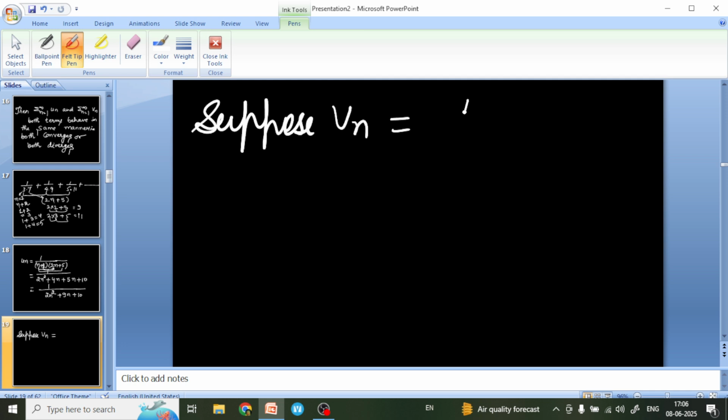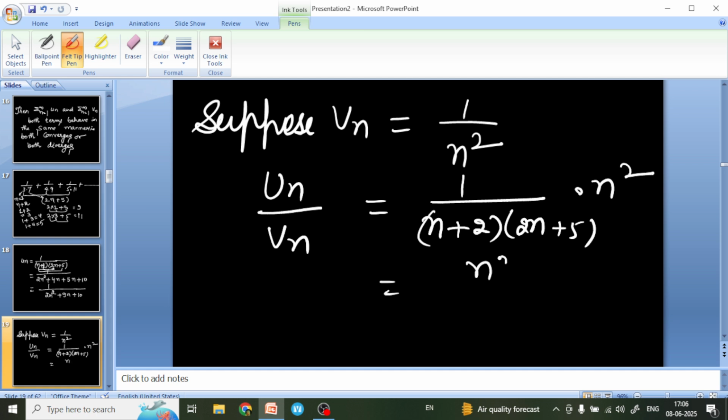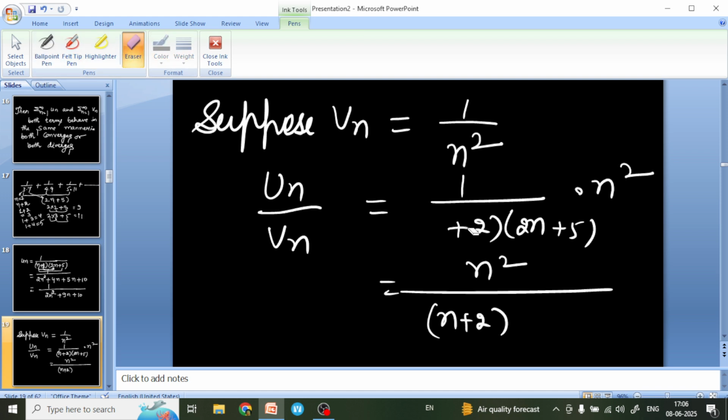Now we take, suppose, Vn equal to 1 over n square. Now consider un over Vn, that is 1 over n plus 2 into 2n plus 5, into n raised to power 2 over... Sorry, here we write the solved equation.